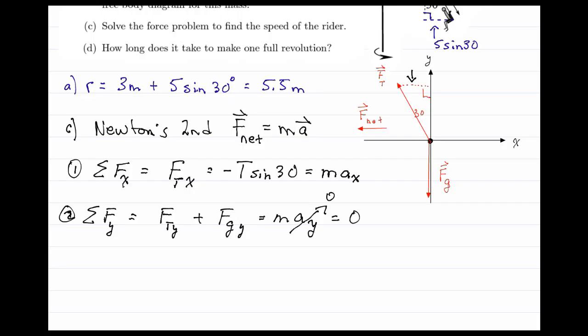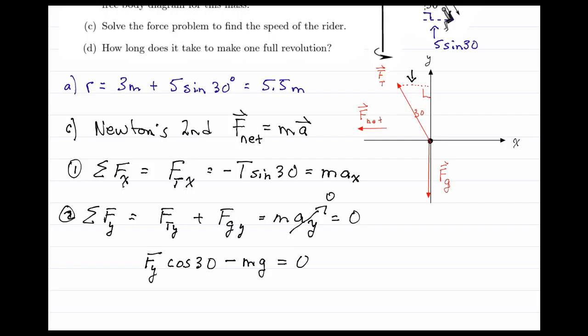So from equation 2, we can substitute in for the components. The component of the tension force in the y direction is the magnitude of the tension force times cosine of 30 degrees. And then when we substitute in for the y component of gravity, it's just negative mg, and this has to equal 0.